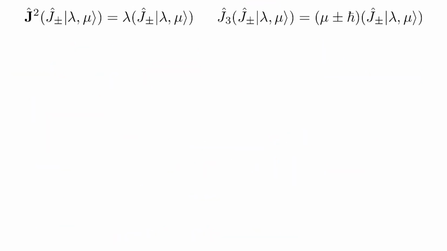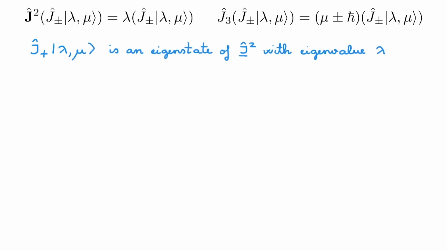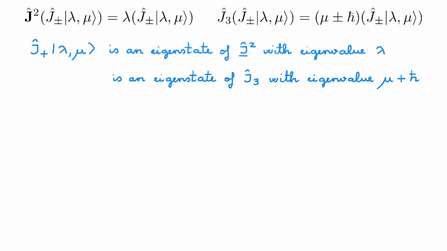So these up here are the two equations we have just derived. If we start with J plus, the first equation tells us that J plus lambda mu is an eigenstate of J squared with eigenvalue lambda. The second equation tells us that it is also an eigenstate of J3 with eigenvalue mu plus h bar. This means that we can rewrite this state as lambda, mu plus h bar.